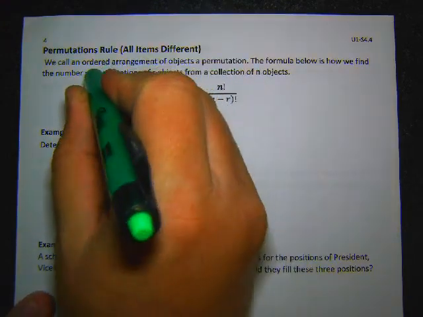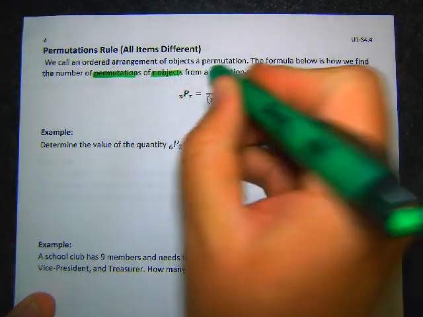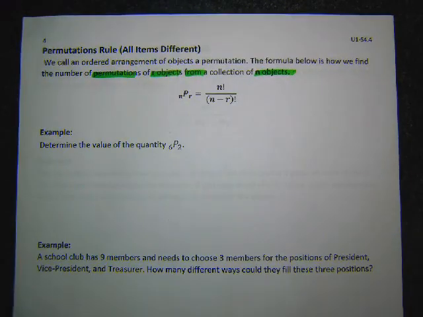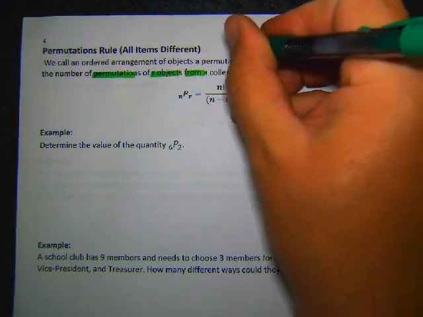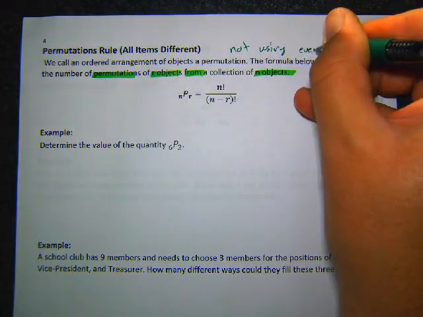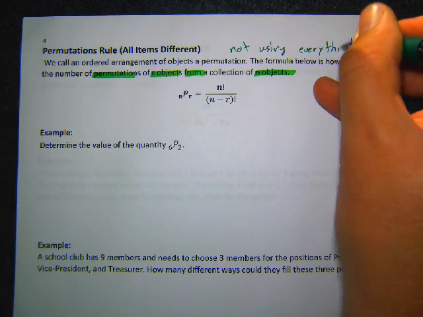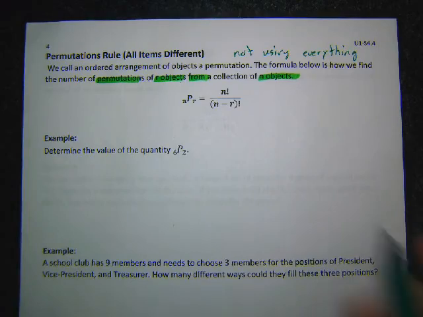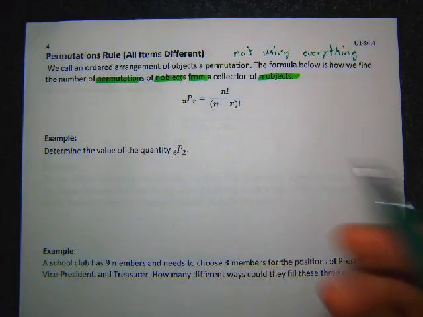So a permutation of R objects from N objects. So here, the big difference is not using everything. Now, technically, you can actually use this formula if you're using everything, and it will still work. But we really kind of save this one for when you're using just part of the group.